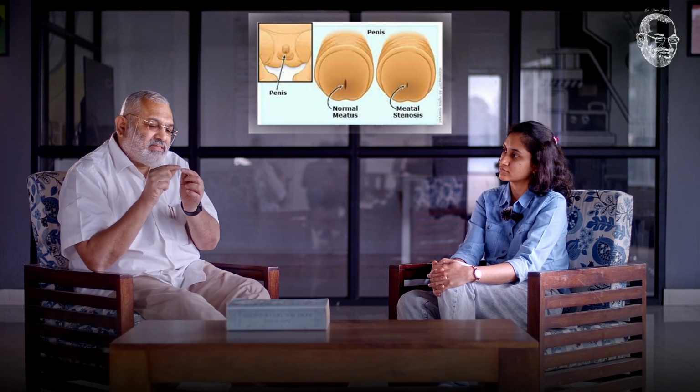Meatus is the opening of the urine passage. If that is narrow also, it can happen. So if the person is younger and has urine retention, you may think that it is a retention due to stricture.